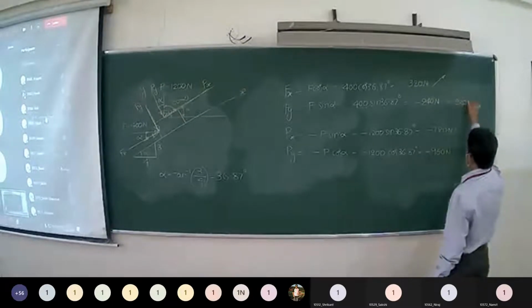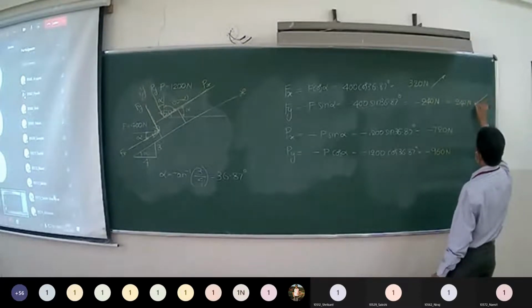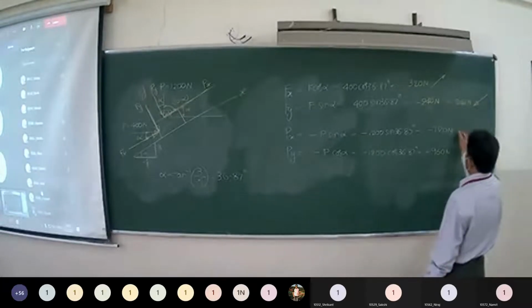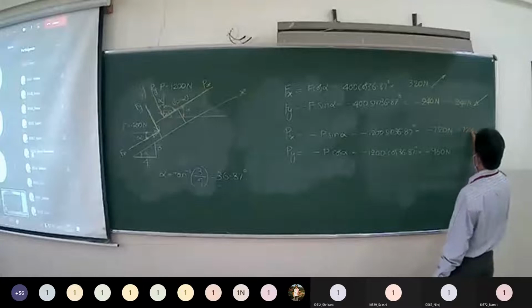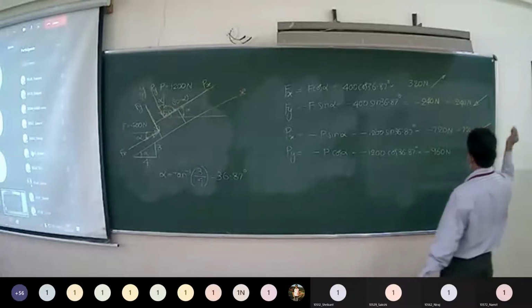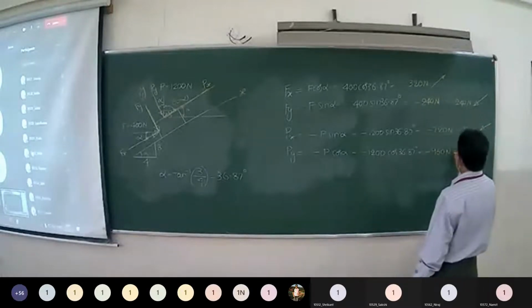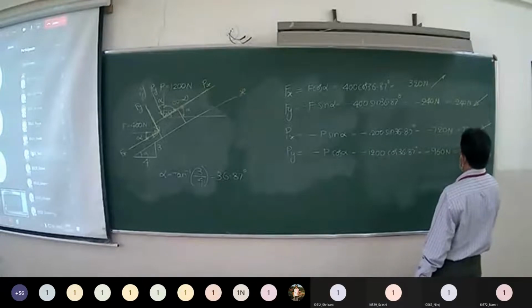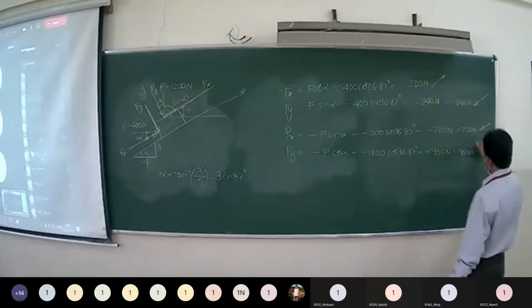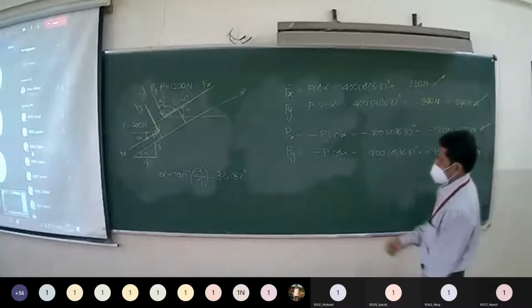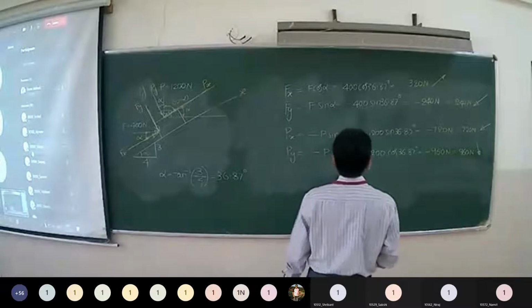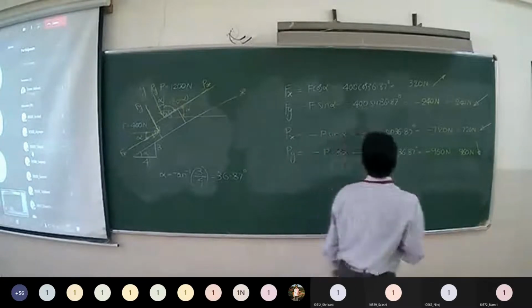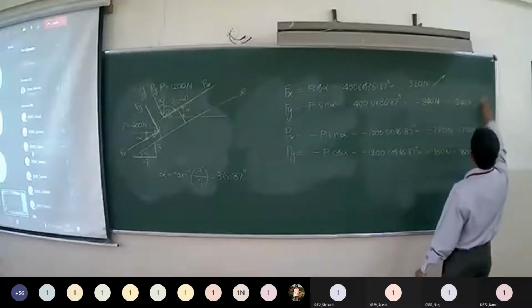Here 240 Newton is acting perpendicular to the plane but downwards. Px, 720, is acting along the plane towards left. Py, 960 Newton, is acting perpendicular to the plane but downwards.